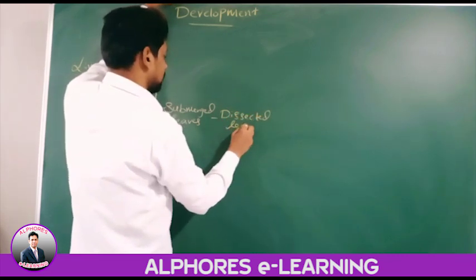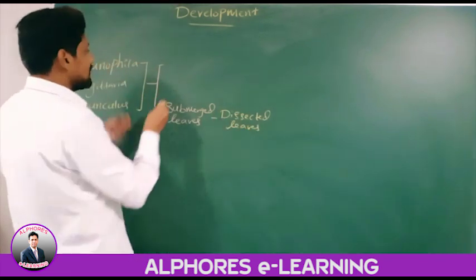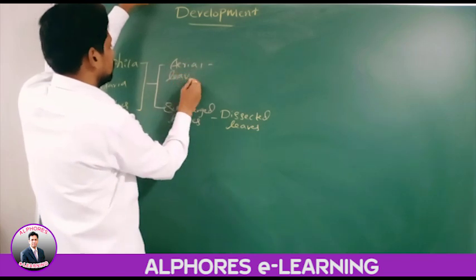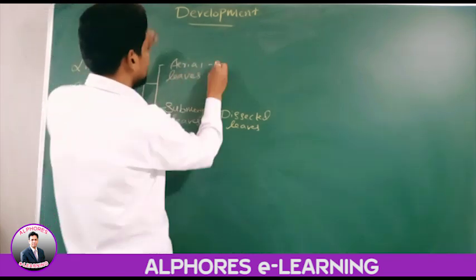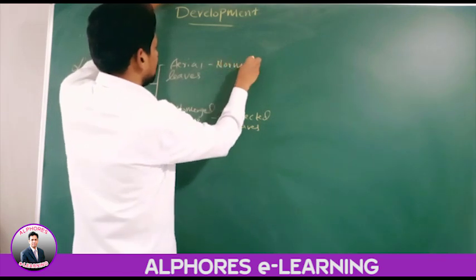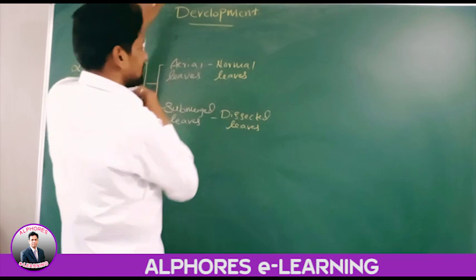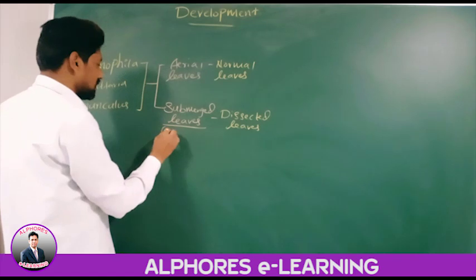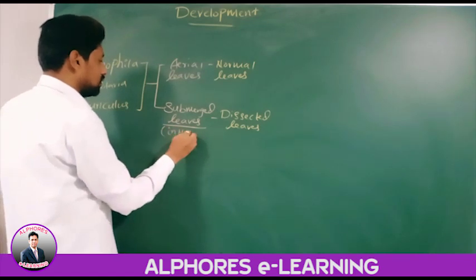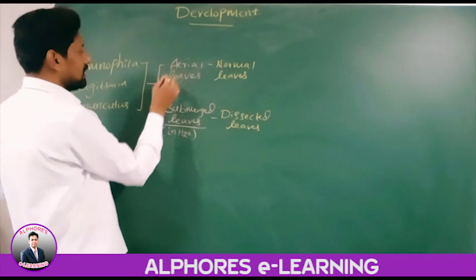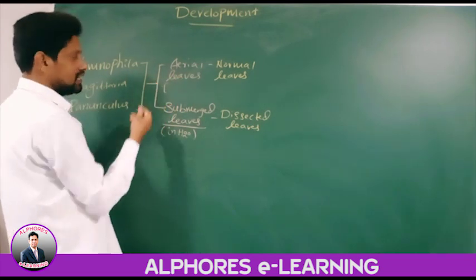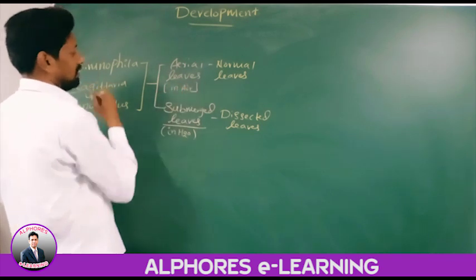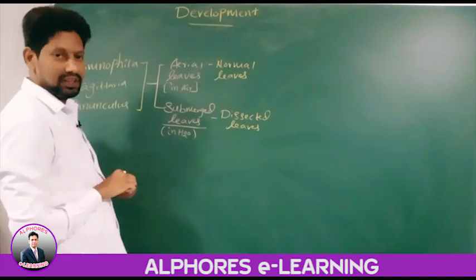Whereas how are the aerial leaves, sir? Normal, without any dissection, without any cut. Aerial leaves are normal leaves. Is it okay? Sir, submerged leaves are in water, it means aquatic. Aerial leaves are in air, terrestrial. Is it okay? Right?